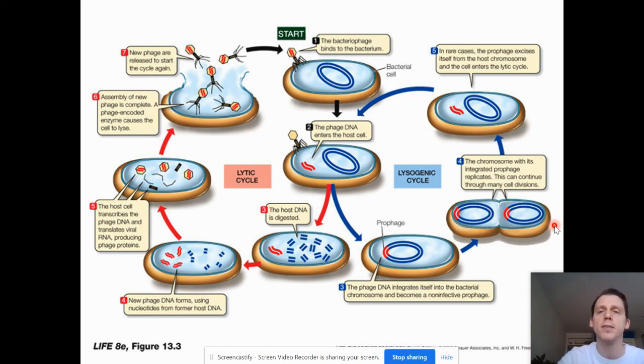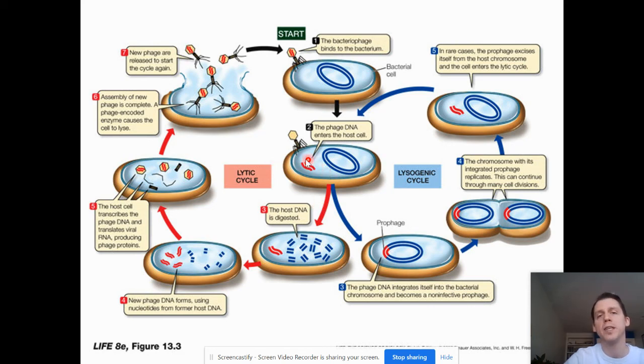At some point, for some reason, sometimes the viral DNA will exit the host DNA. Why that happens, we're not really sure. It could be some external or environmental factor that triggers it. And when that happens, we move from this lysogenic cycle of hiding to the lytic cycle, which is viral reproduction.